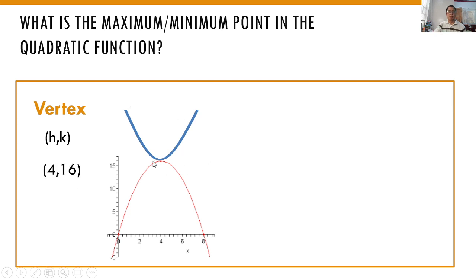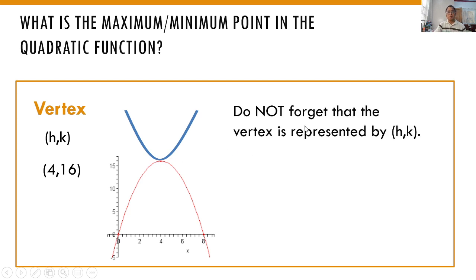So dito, ang vertex po natin, kahit na yan po ay pabuka pataas or pabuka pababa, hindi na bago. 4 and 16. 4 yung X, ayun. Then 16 yung Y. So we have here now 4 and 16. Now, do not forget that the vertex is represented by H and K. This is what I have been telling you kanina pa po.